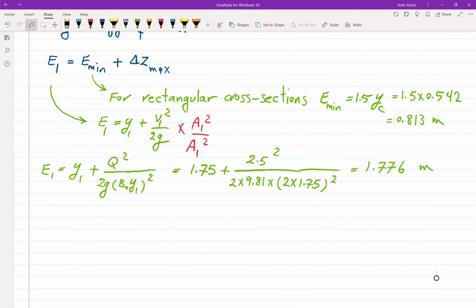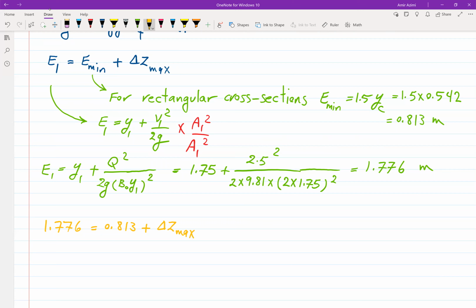Okay, so here I have E1, 1.776 is equal to 0.813 plus delta Z max. So E minimum is the minimum energy required for the flow to pass over the hump.